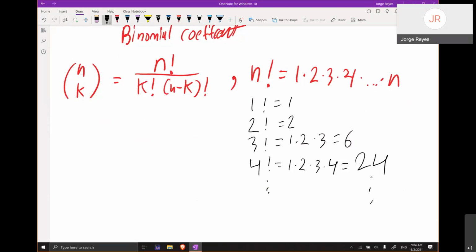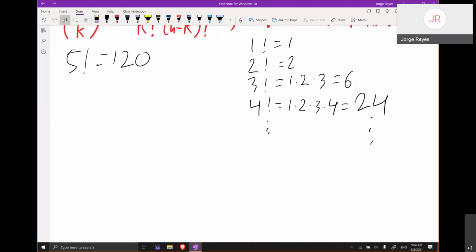Okay, they get big kind of fast. 5 factorial is 120.